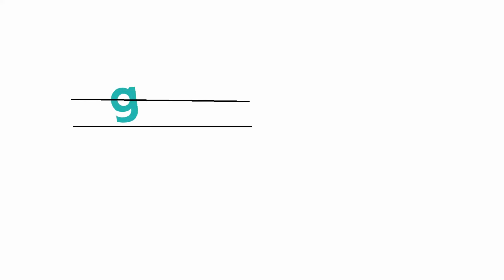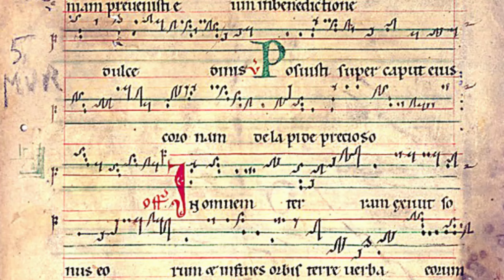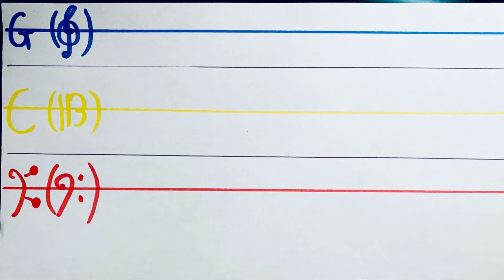And in fact, in the past, the treble clef was simply a G placed on any line where a G was going to be placed. For example, I could place the G on the fourth line of a staff, on the third line, and so on. These lines at the beginning were also color-coded to make it easy for musicians, or singers in particular, to recognize the notes and to read, play, or sing these notes.